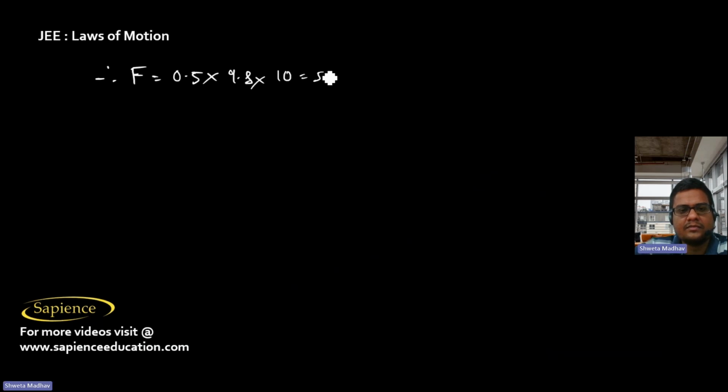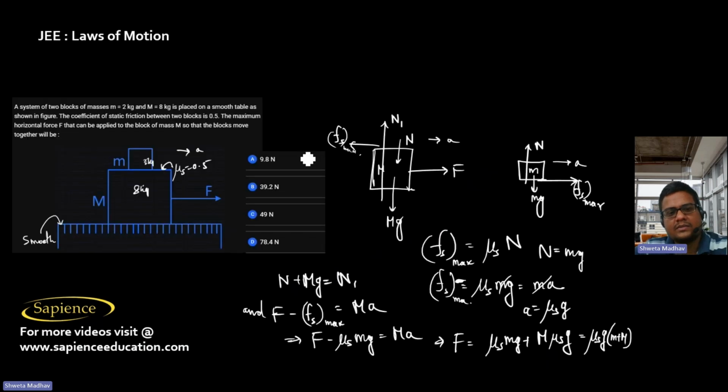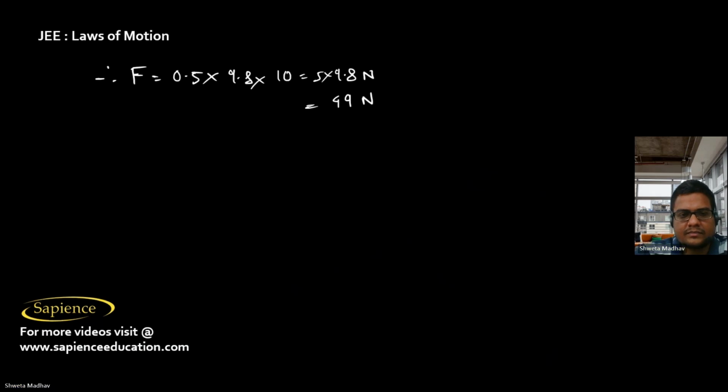So this will be 5 into 9.8 Newton, which will be 49 Newton. So 49 Newton is the maximum horizontal force that can be applied to the block of mass M so that the blocks move together. So option C is the correct answer.